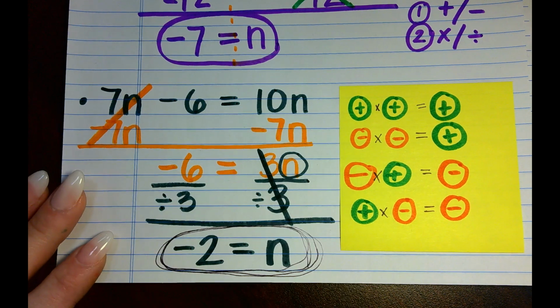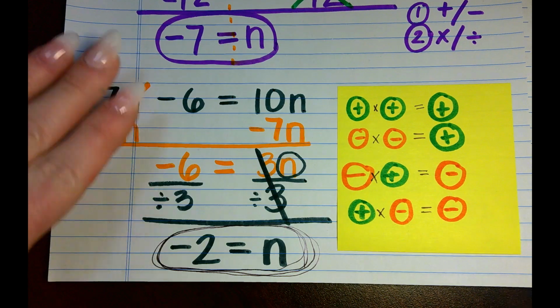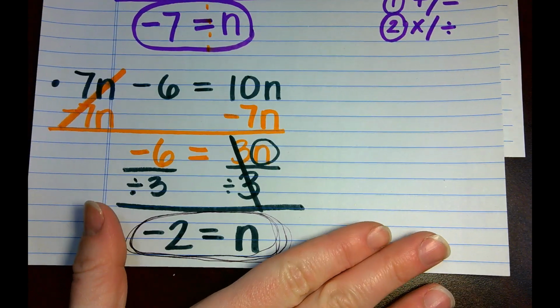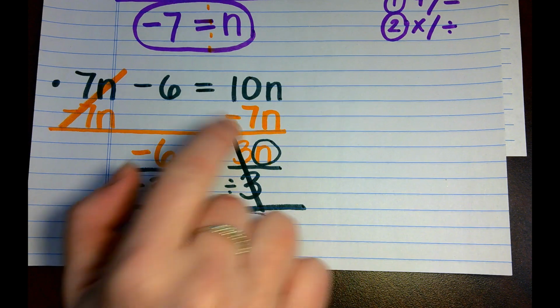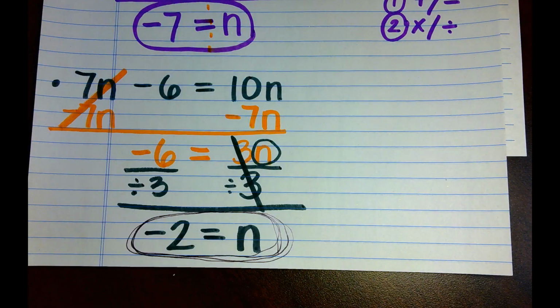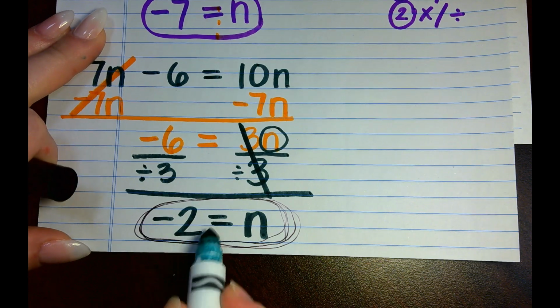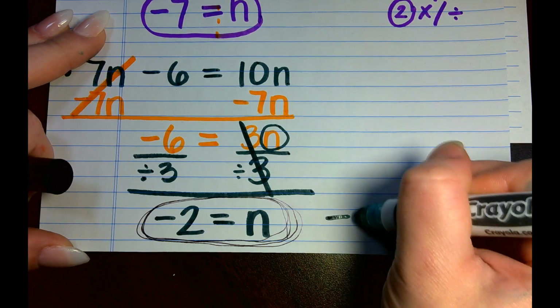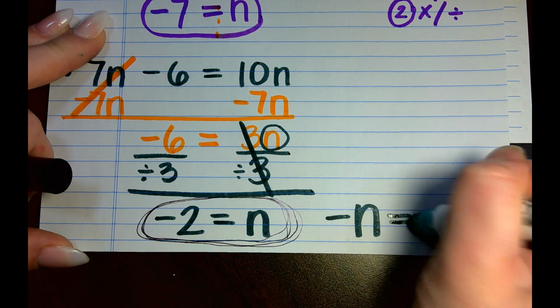Okay, so Jean just pointed out something really awesome. Let's say you decide to do this equation in a different way. Maybe you subtracted 10n, maybe you added 6, maybe you did something else. And you ended up with, instead of -2 equals n, what if you got negative n equals 2?